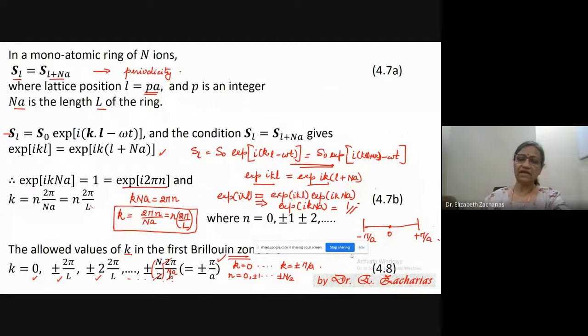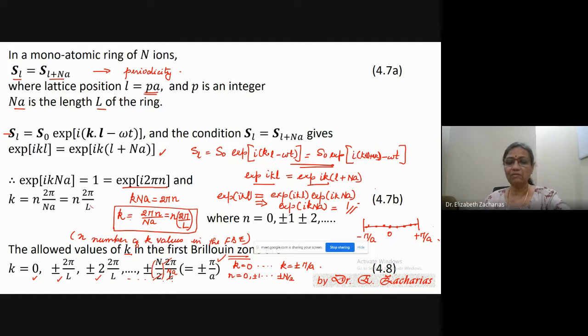So there are capital N number of k values in the first Brillouin zone. Capital N number of k values are possible.